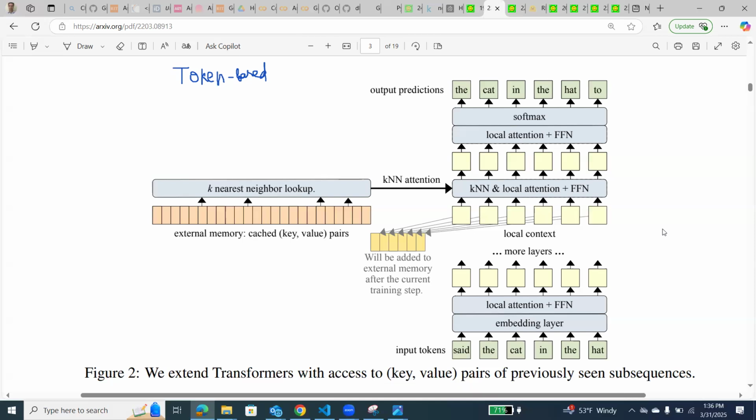Then they extract the most similar tokens and use them as inputs. So the attention mechanism will look at this small number of tokens from the previous conversation. But again, it's token-based.